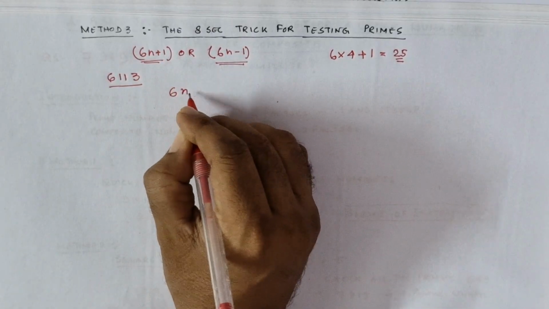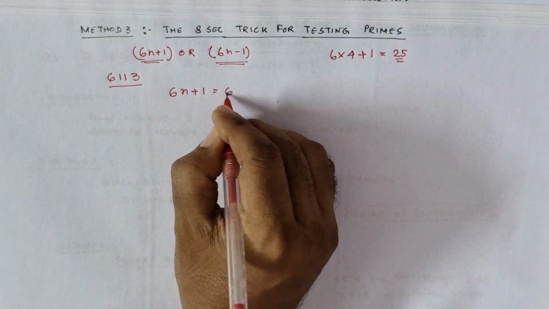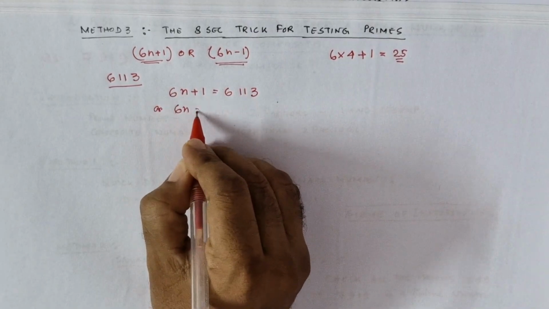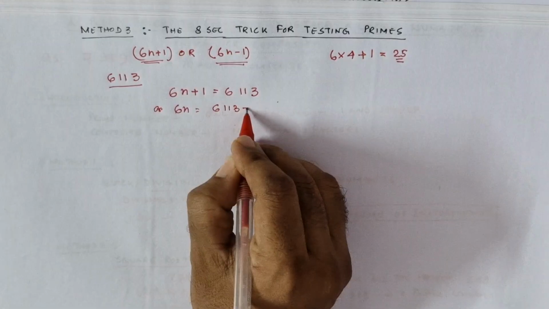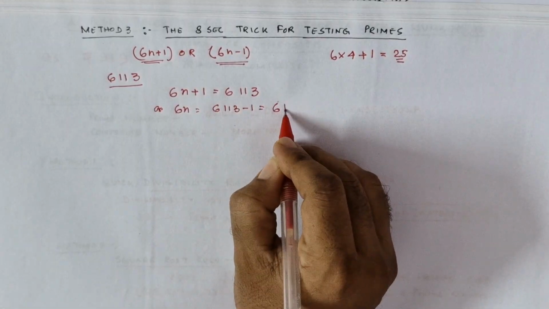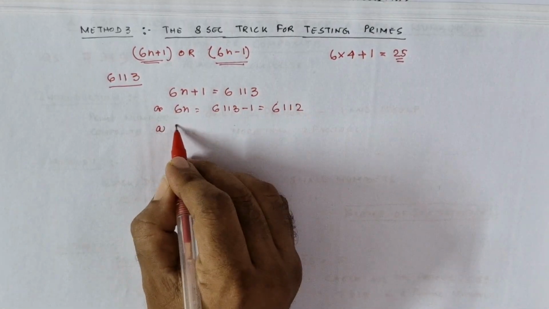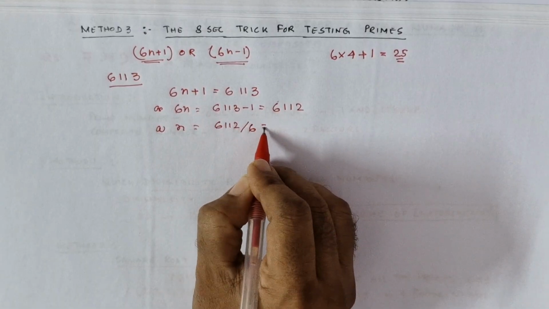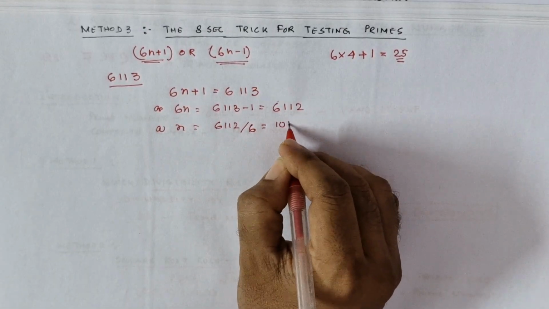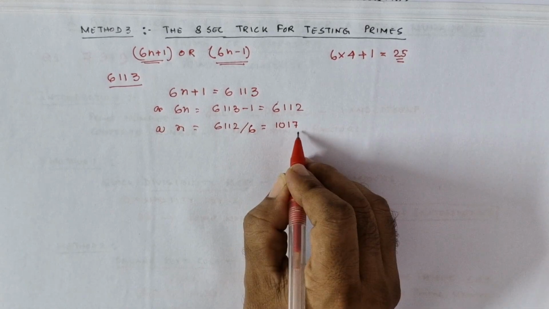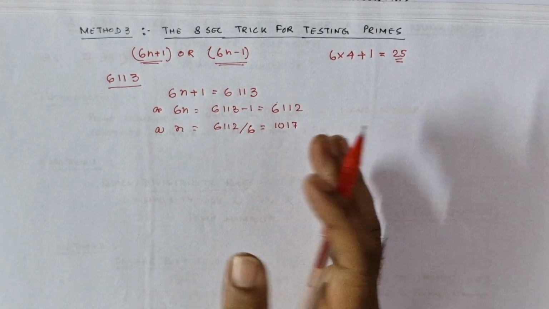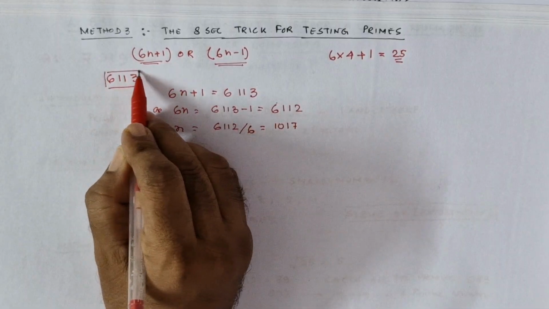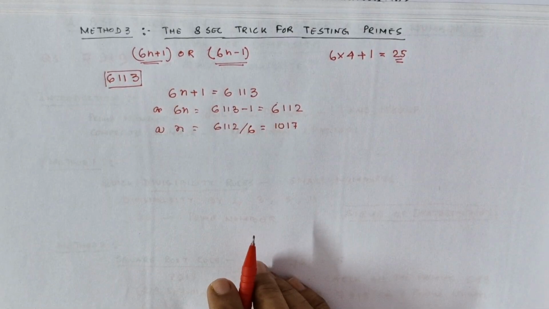So we write 6n plus 1 is equal to 6113, or 6n is 6113 minus 1, which results in 6112, or n is 6112 divided by 6, which results in 1017. See, n is a natural number, so it is proved. We can straight away say that 6113 is a prime number, right?